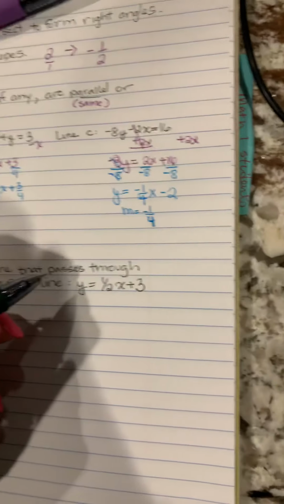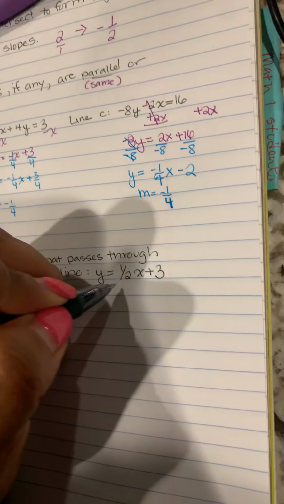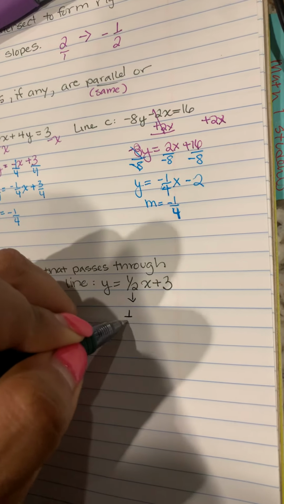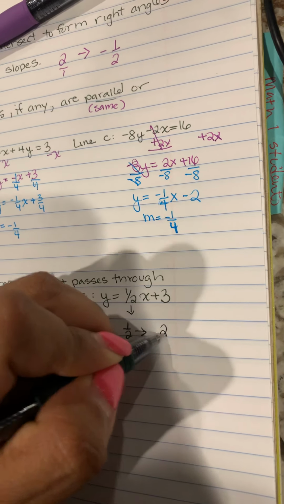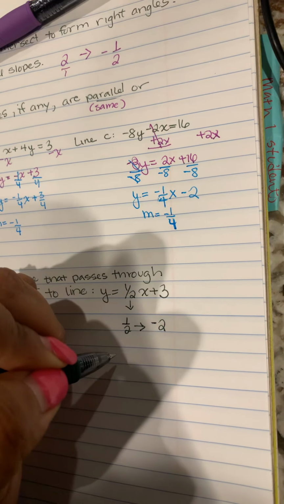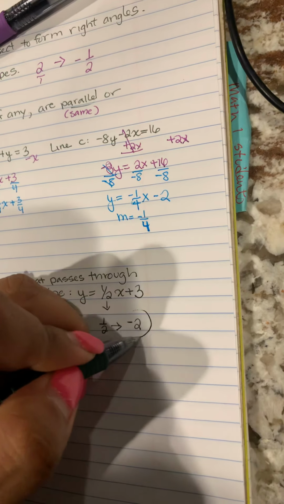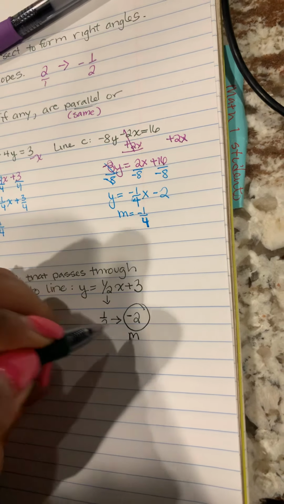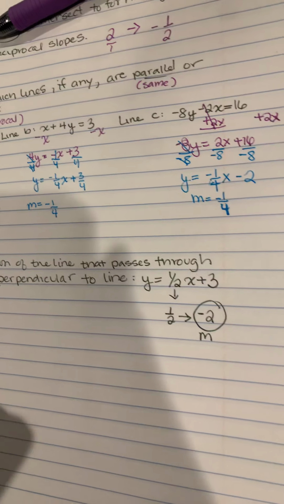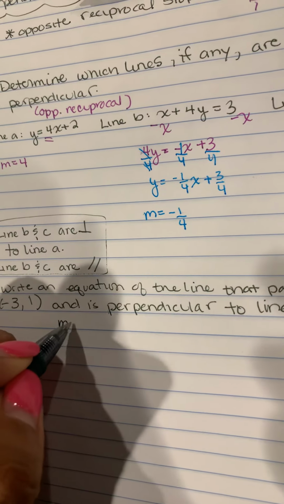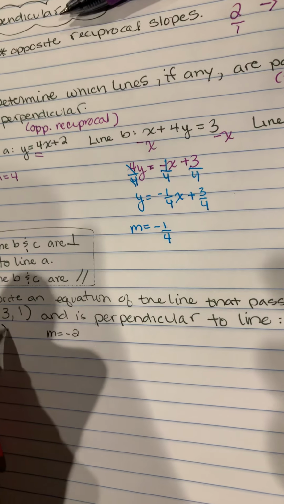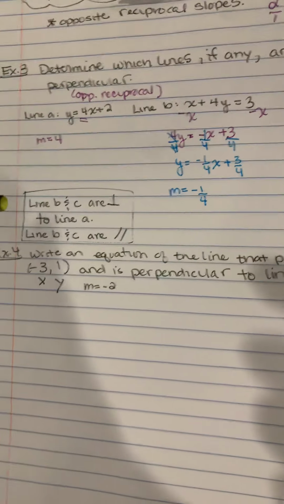So the first thing that I'm going to do, if this is 1/2, the opposite reciprocal, the reciprocal is 2, opposite is negative. So I'm going to use this as my m. So m equals negative 2, and I'm going to write that over here. This is my x and y.